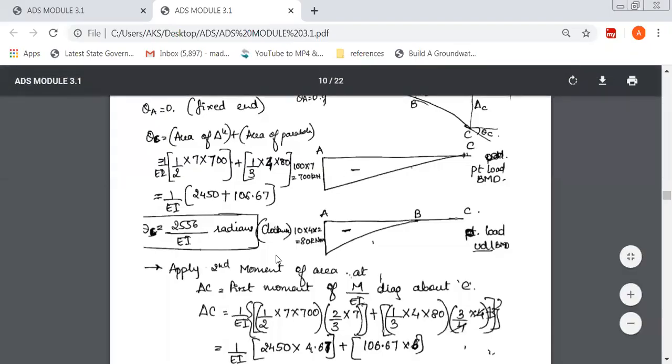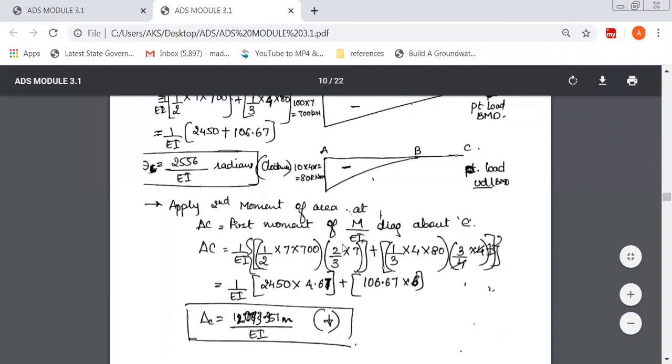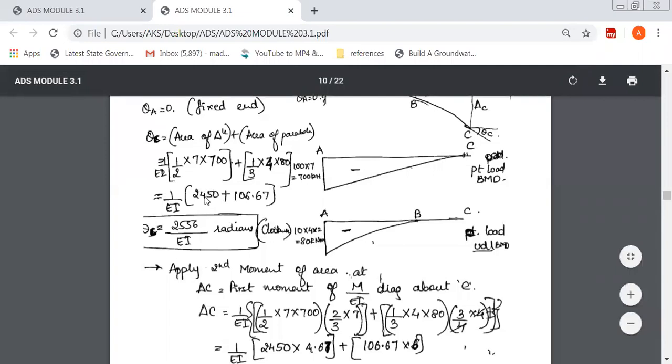So it is area into its CG distance, and this is again area into its CG distance. We have already found the area here, so you can directly apply this value instead of calculating again, because this is the area of the triangle.